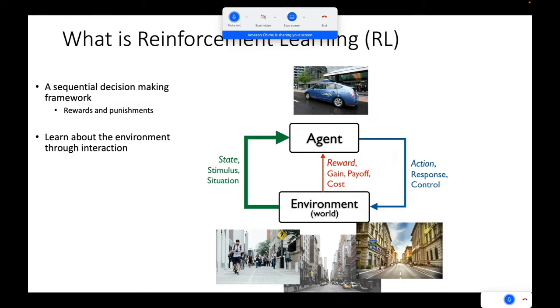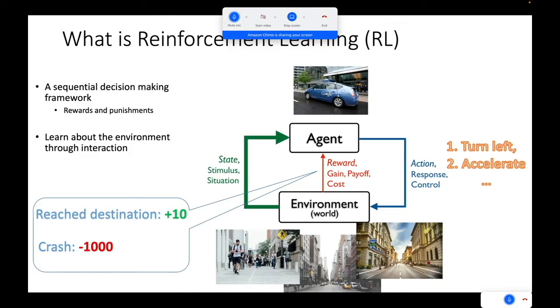And it can take certain decisions like whether to turn left or accelerate or slow down. And finally, we have a reward structure defined on the car that if it is able to reach the destination without an incident, we give it a positive reward. In case of any other incident, we offer a penalty.